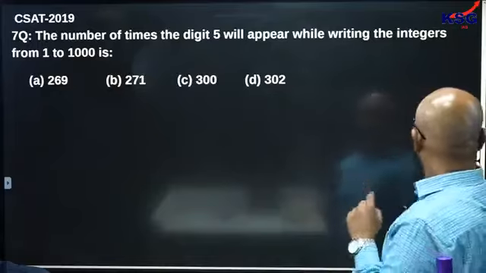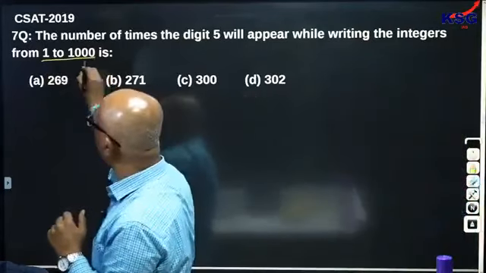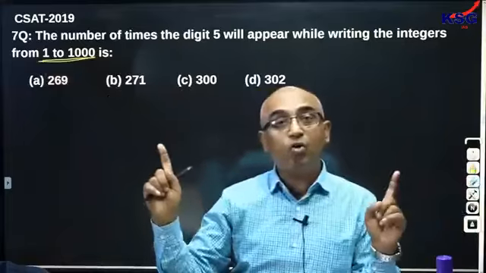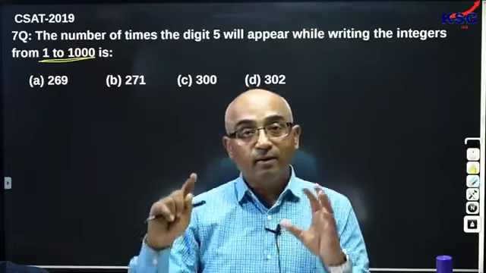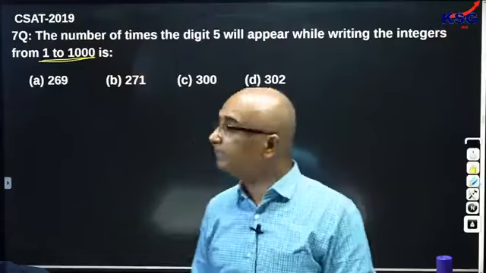So students, the range is very big. See here, the range is 1 to 1000. So writing all the numbers is not a good idea. But one can imagine and solve it in 2 minutes easily.